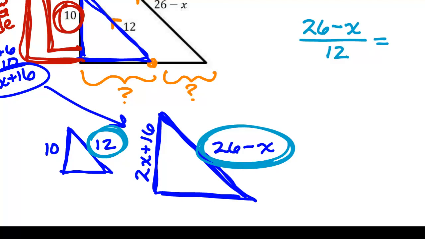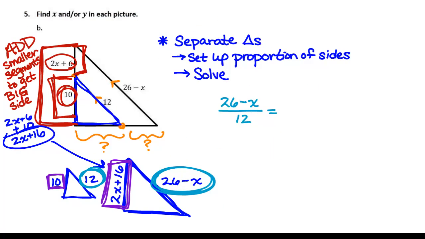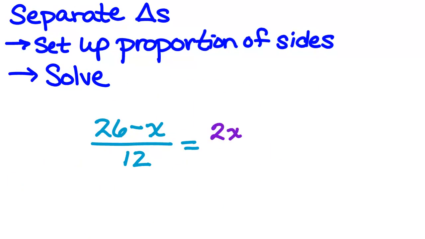What are the other sides that are proportional? 2x plus 16 and 10. 2x plus 16 over 10. Now I have a proportion of sides set up, and now we can solve it.